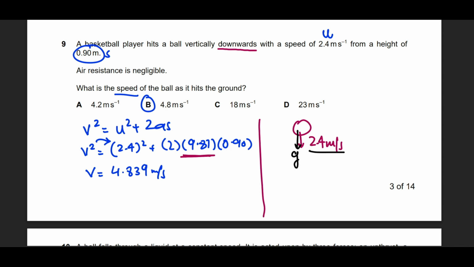So if they are in the same direction, if you were supposed to take vertically downwards as negative, they're going to be in the same direction. So they're going to help each other. So this 9.81 should be causing an acceleration for the whole system. So the answer should be greater than that, right? So this is how you deal with the situation. So this will be 4.8, right?